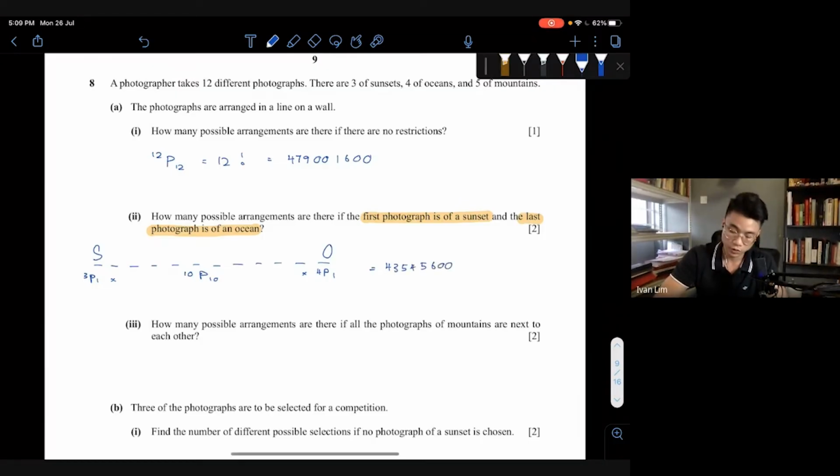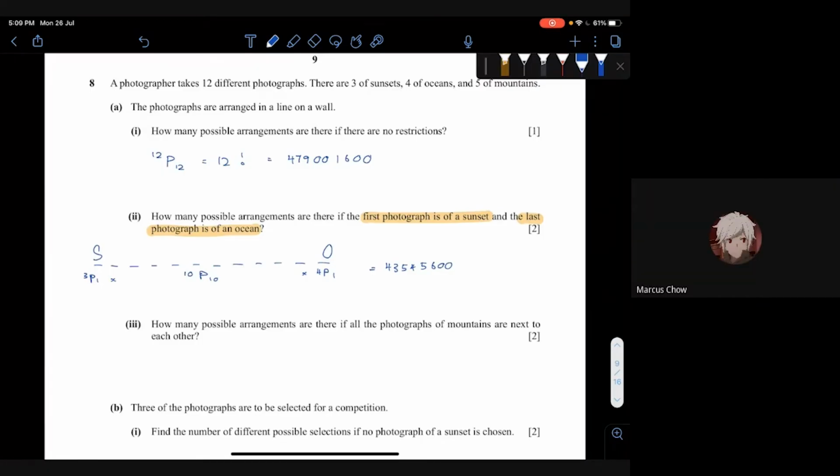Okay, let's try Marcus' way. He said that we can use 12P12 minus 10 factorial. Is it the same answer or not? 479001600 minus 10 factorial. No, different. Teacher, under what circumstance can we minus off?